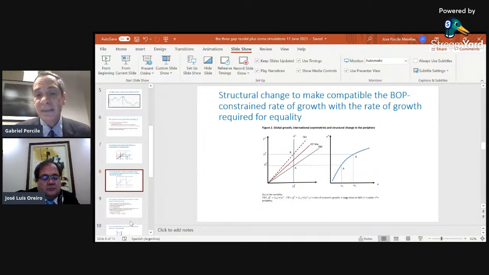If we succeed in doing so, we are having convergence because we are above the 45 degree line in which center and periphery grow at the same rate. And at the same time, in point B, we have changed the conditions of the labor market in favor of labor in such a way that we now can attain this objective of equality and income distribution, which is so critical for political democracy.